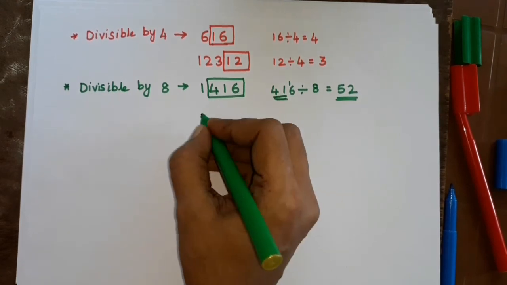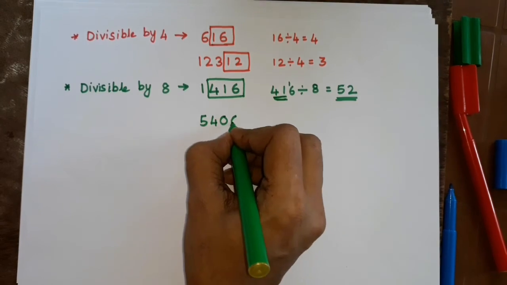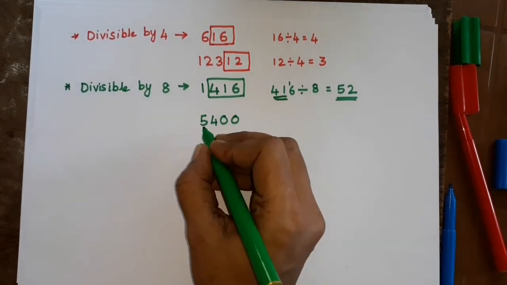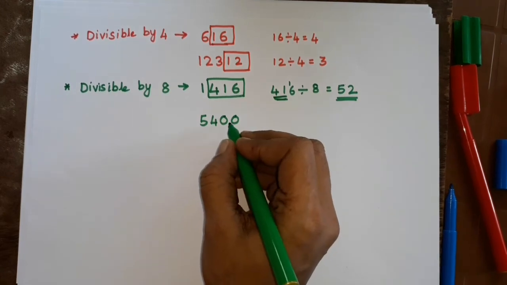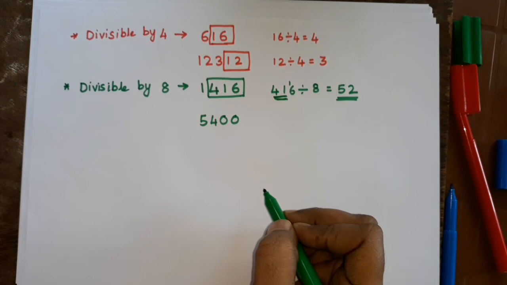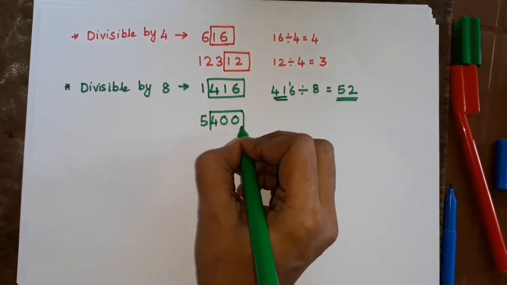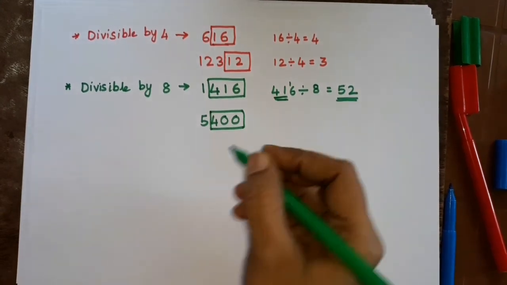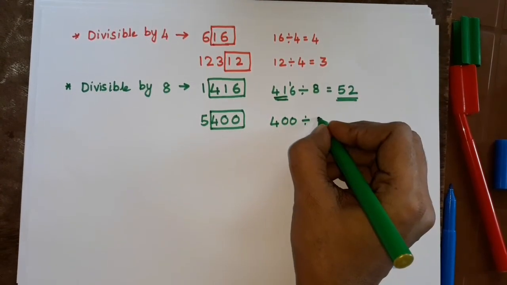Now with one more number we can make it more clear. Say for example I have taken 5400. I have to check whether 5400 is divisible by 8. How we can do? Take the last 3 digits, that is 400. Is it divisible by 8?